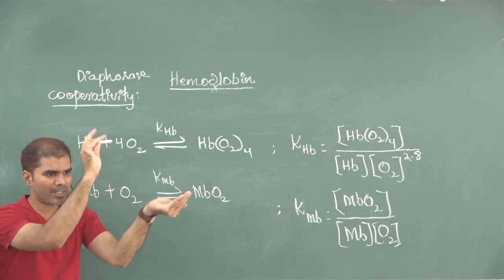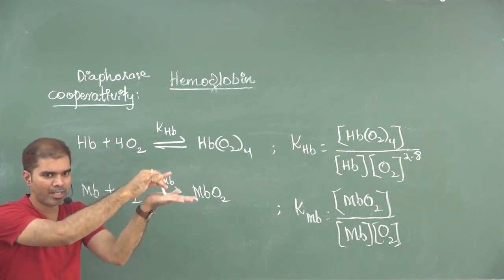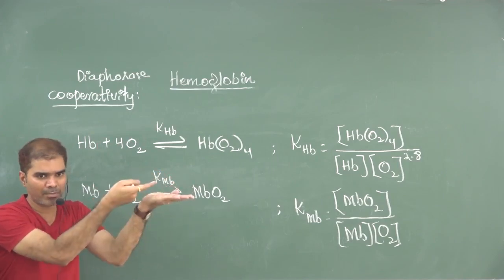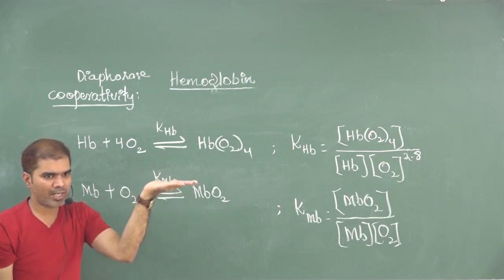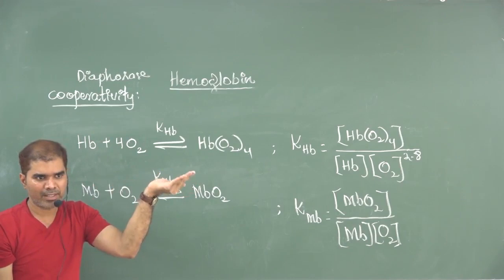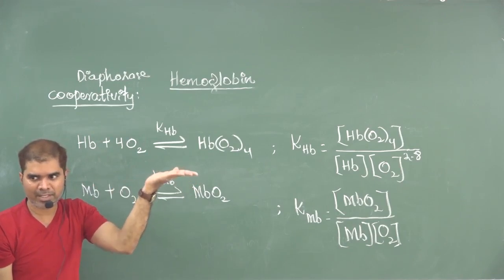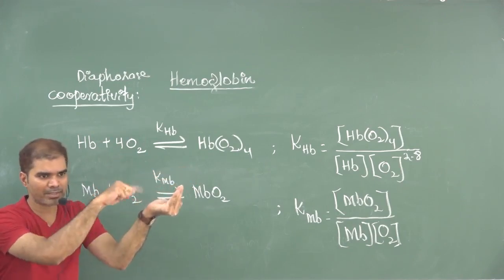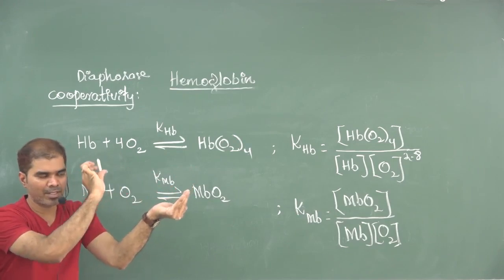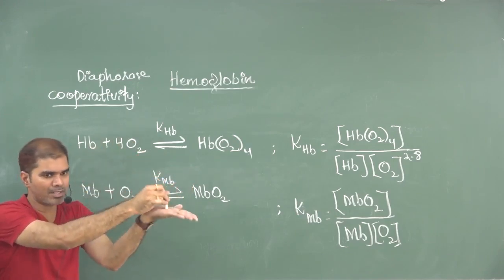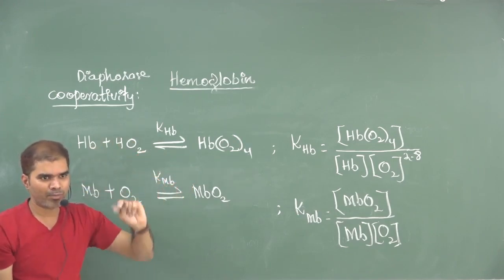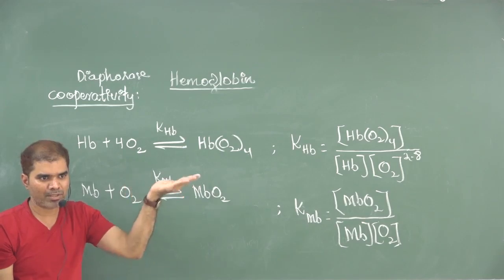But once dioxygen comes and binds, this will be relaxed. Iron will be coming into the plane of porphyrin and this state is called a relaxed state. Tense state is unbound. There is no dioxygen. But once dioxygen comes and binds, this will be relaxed. So there is a movement or shift from tense to relaxed.